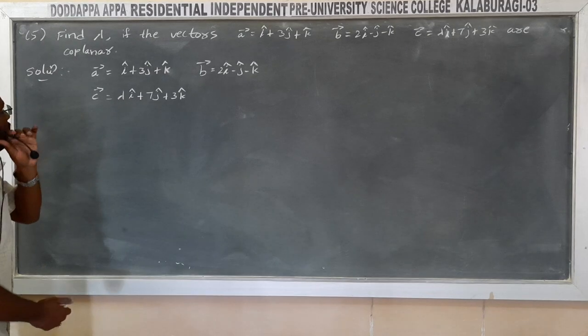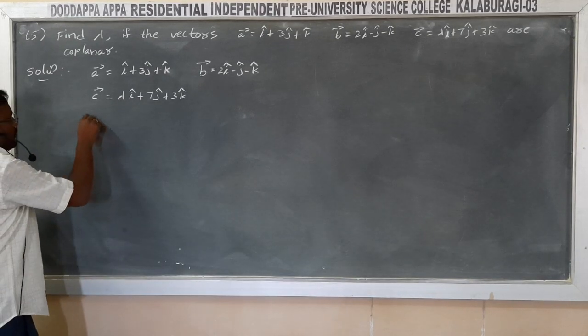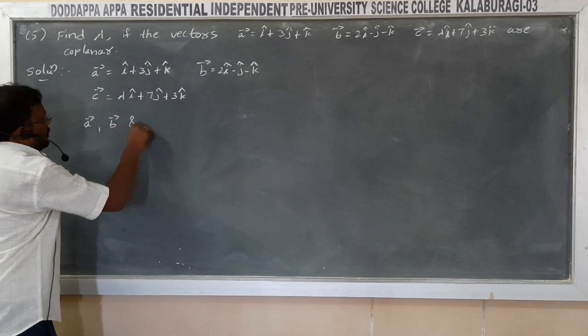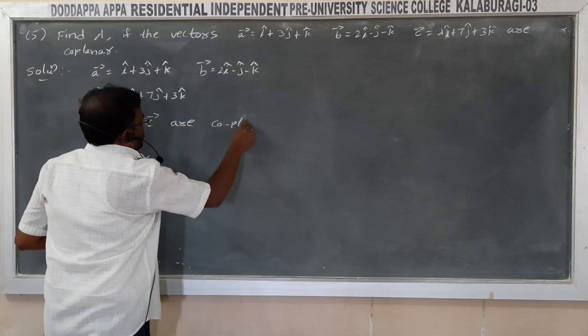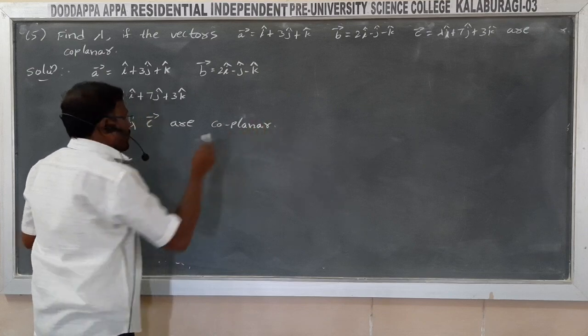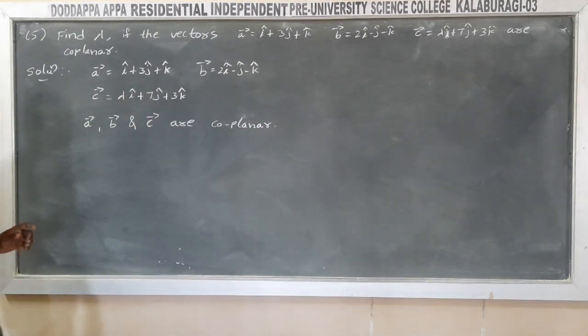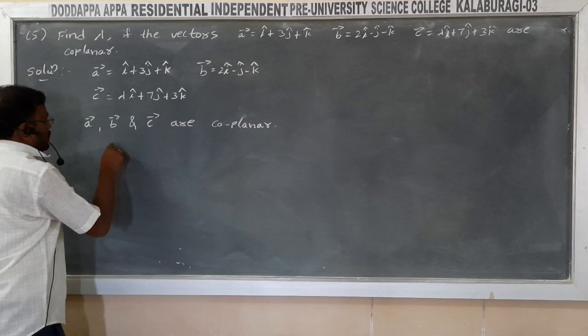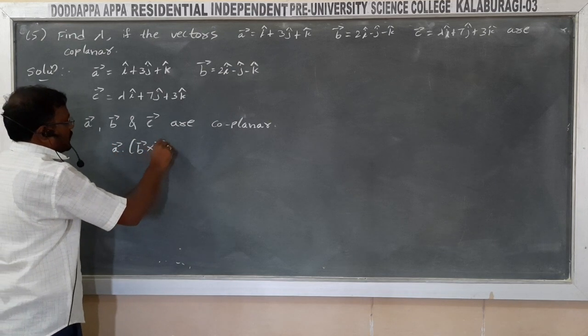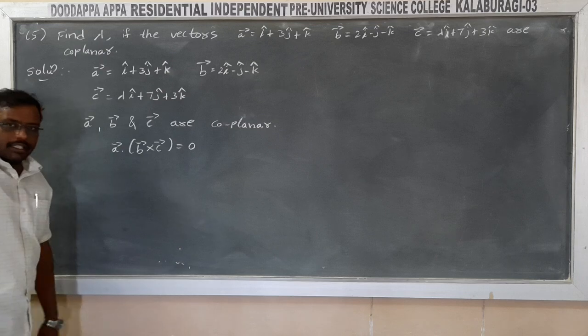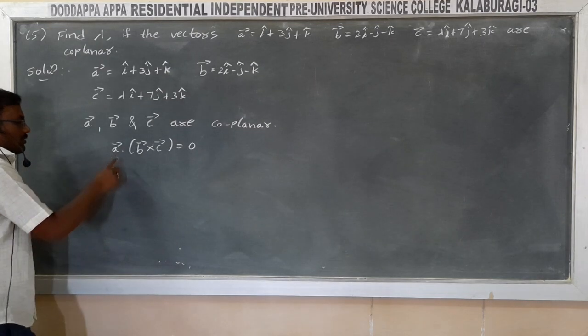Okay, so here what is the given? Already vector A, vector B and vector C are coplanar. Okay, already they given vector A, vector B, vector C are coplanar. We know that when they coplanar, vector A dot of vector B cross vector C is equal to what? 0.